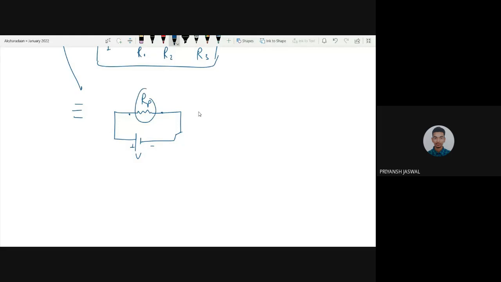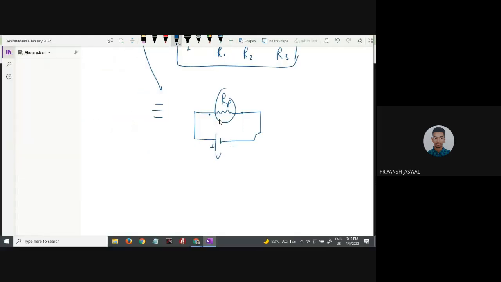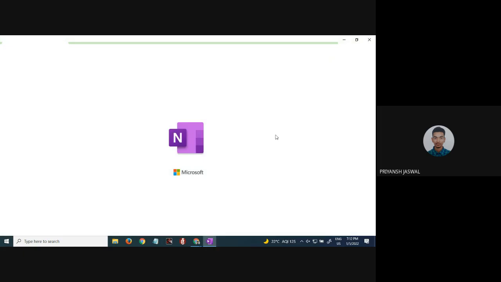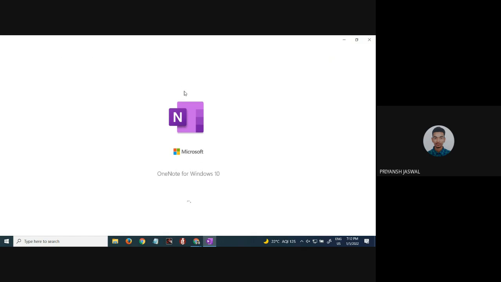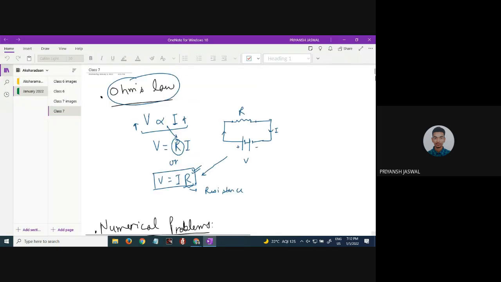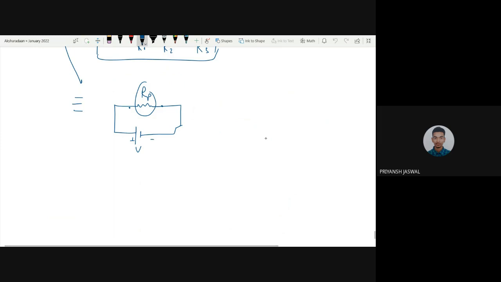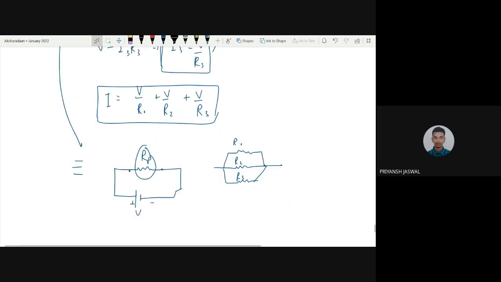This single net resistance R_P component is equivalent to these three resistors R1, R2 and R3 in parallel combination. So how will we calculate the net resistance?